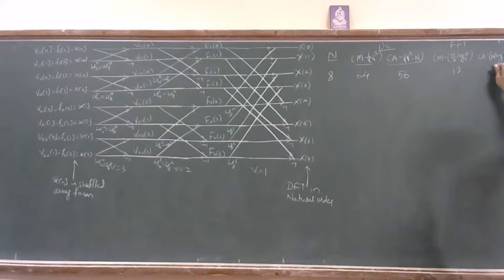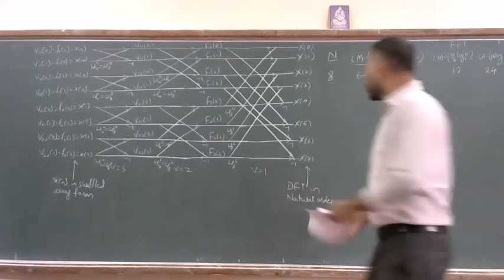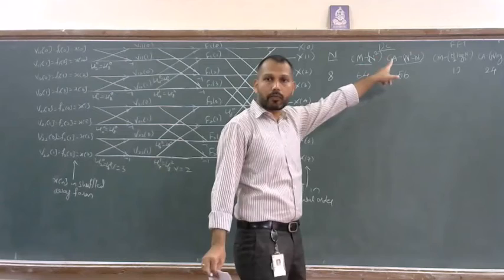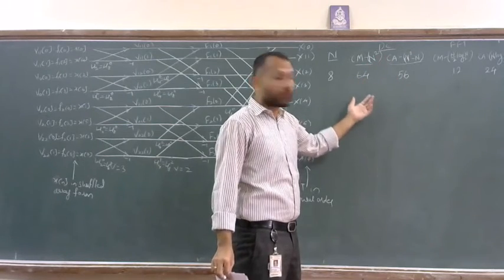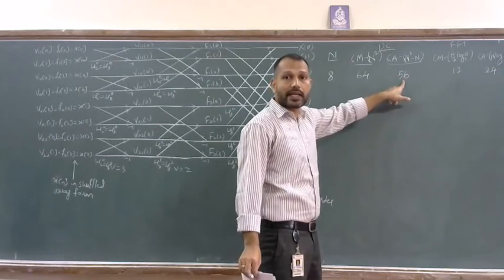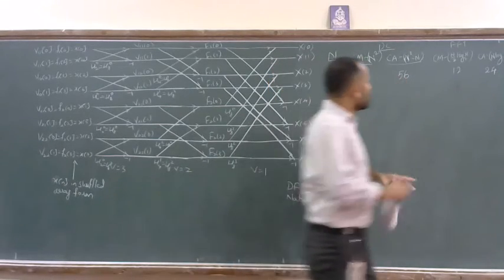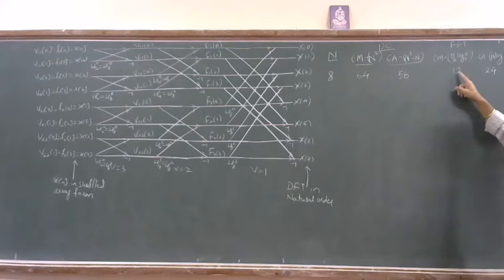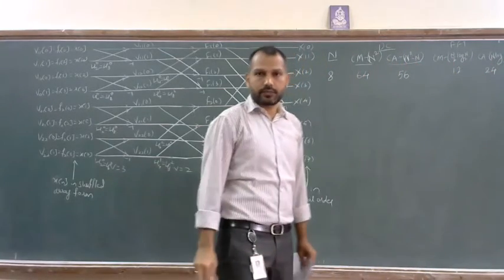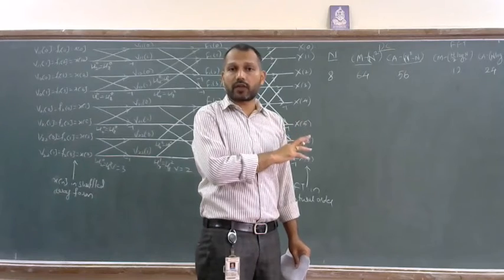And double of this, 24. To compute 8-point DFT by using the direct computation method, we'll have to perform 64 complex multiplications and 56 complex additions. But if we use the FFT algorithm, we'll have to perform only 12 complex multiplications and 24 complex additions. So the improvement rate is 5.3 times just for 8-point DFT.